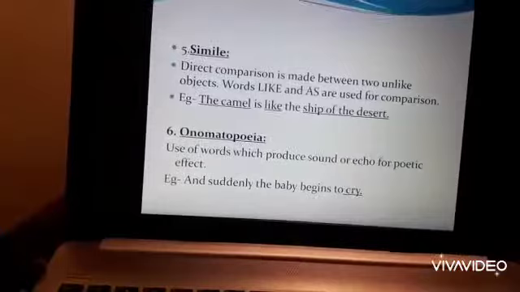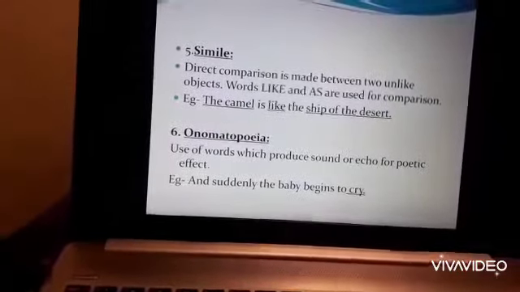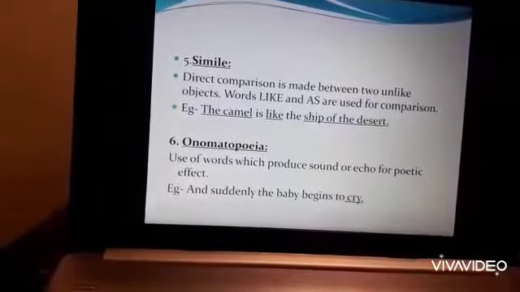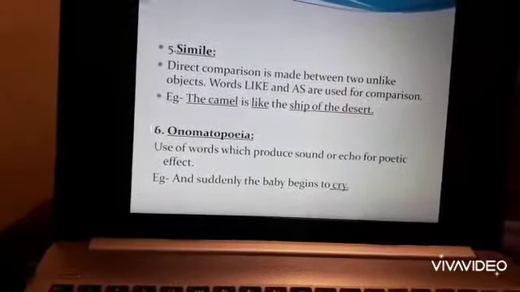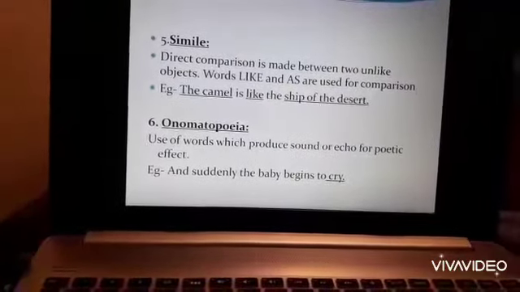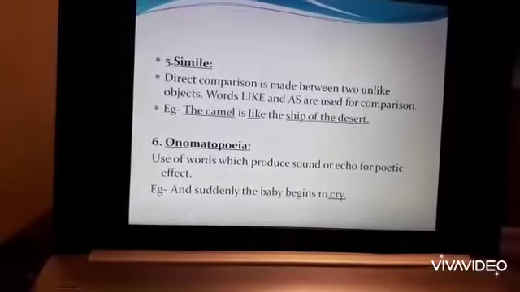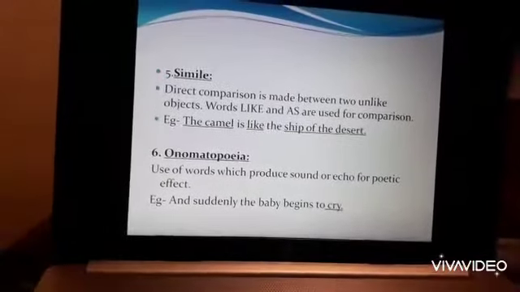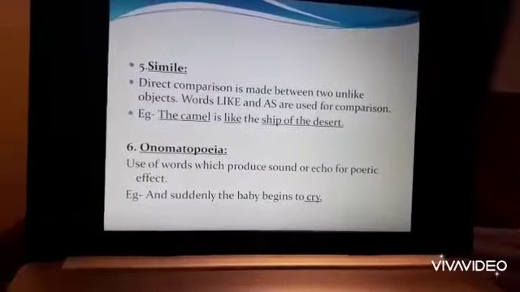Now the sixth one is onomatopoeia. What is onomatopoeia? It is the use of words which produce sound or echo for poetic effect. So if in the sentence the poet has used some words which produce some sound, it is an example of onomatopoeia.